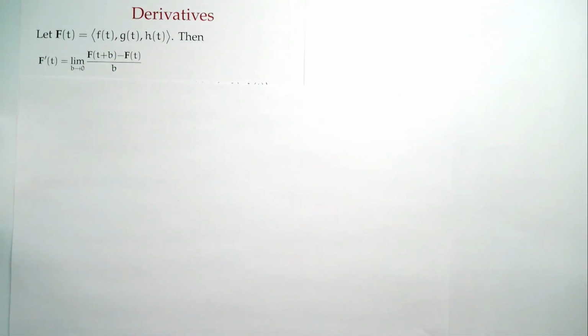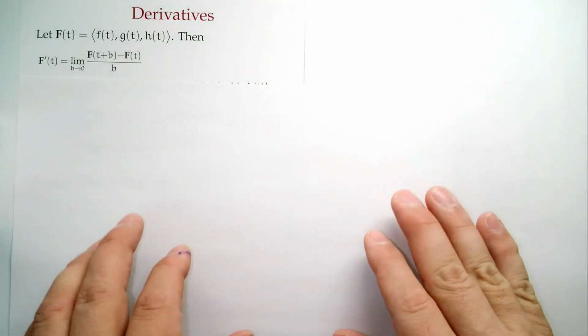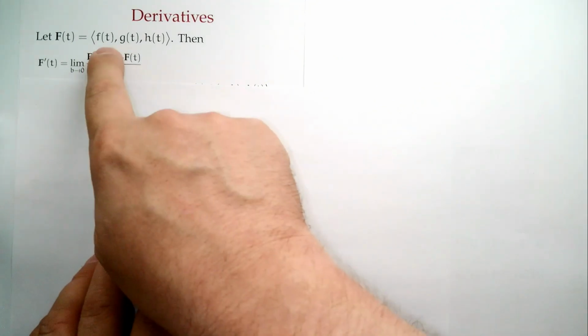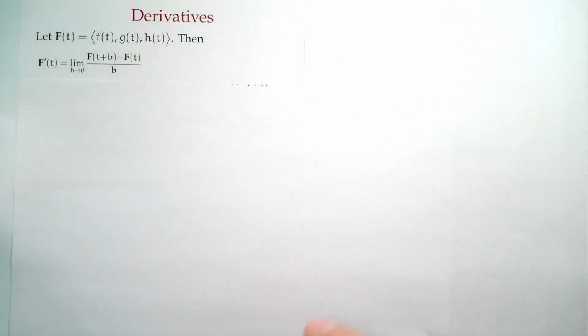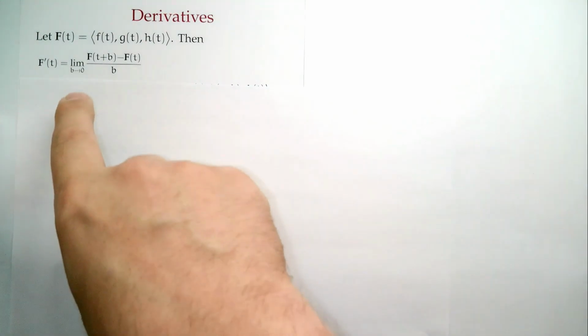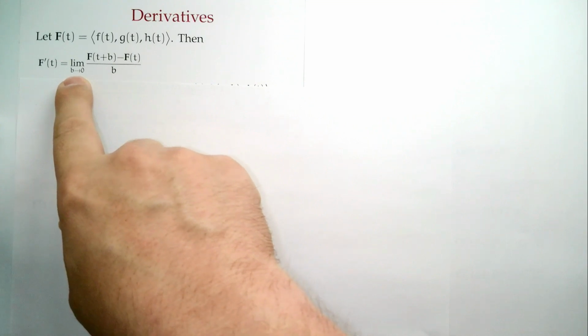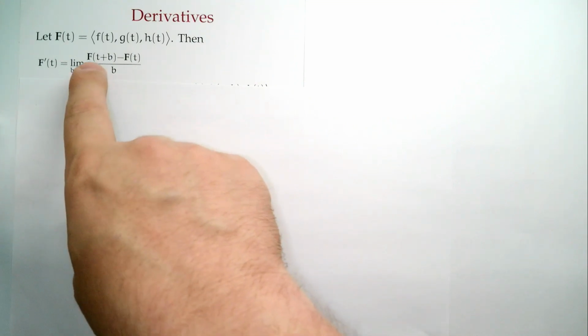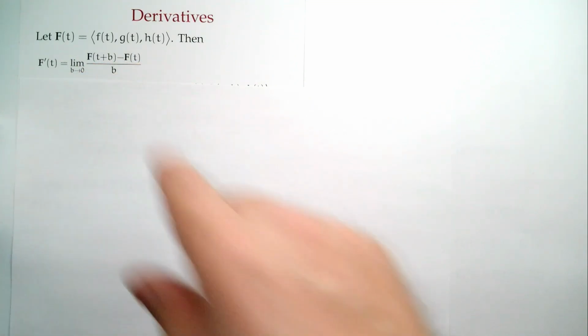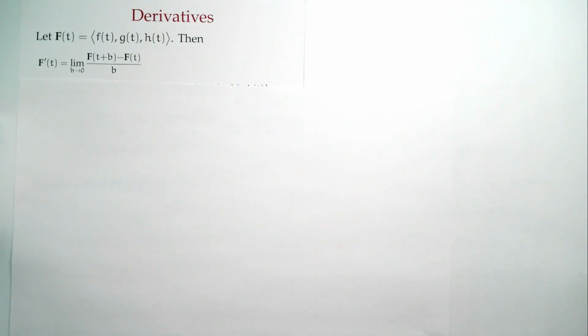These arguments work in any number of dimensions that you want. So I have my f of t, g of t, h of t. And well, what do I look at? Well, I look at the limit as some thing goes to 0. In this case, I'm going to use b. So f of t plus b minus f of t over b. That's just the definition of the limit.